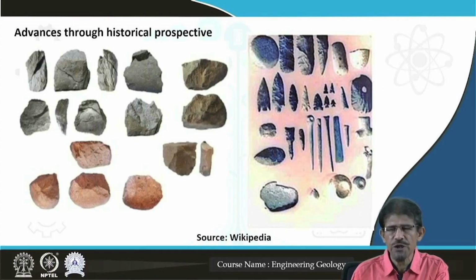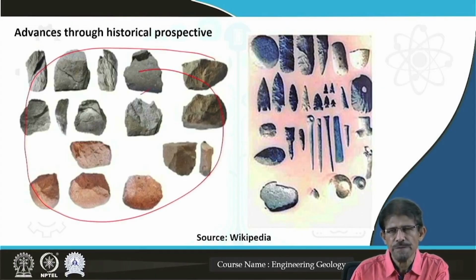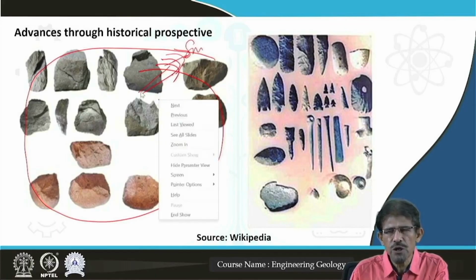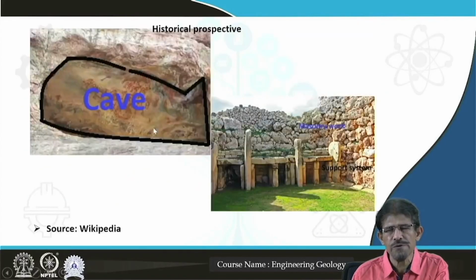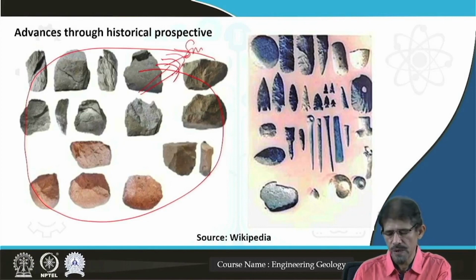Here we can see a number of stone pieces that were utilized by our Stone Age man, as evidenced from the Son Valley and Narmada Valley. The Stone Age people used such tools for hunting and for domestic purposes.